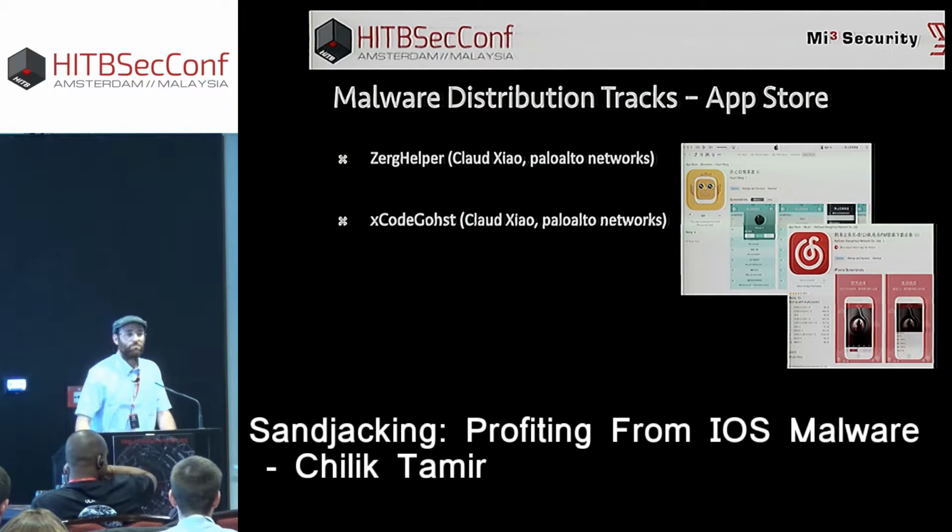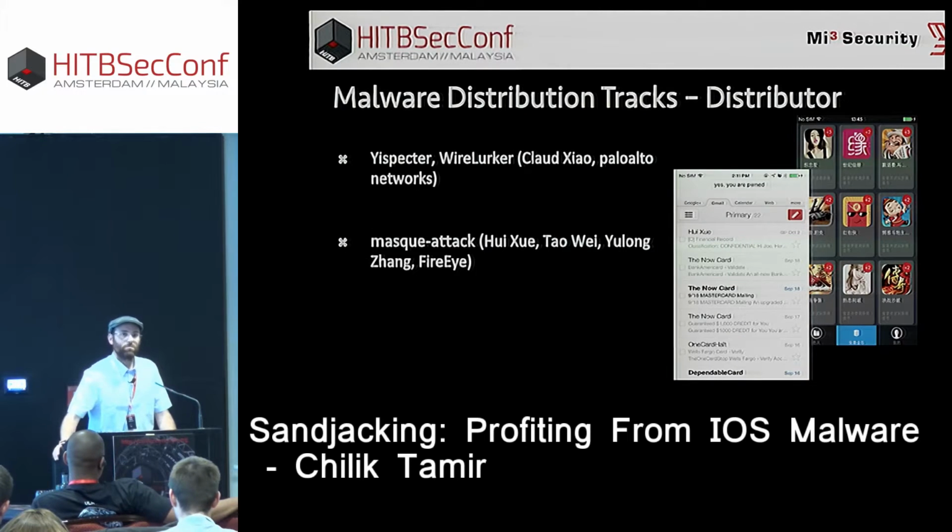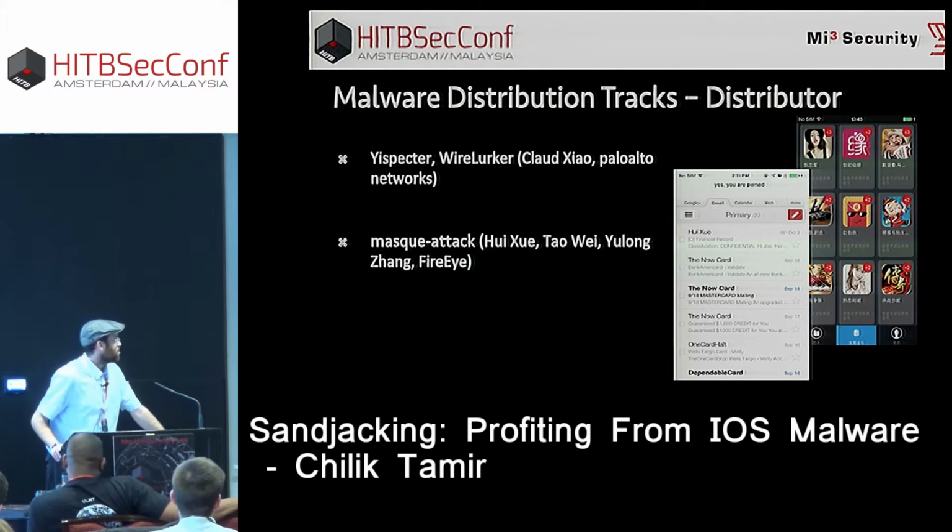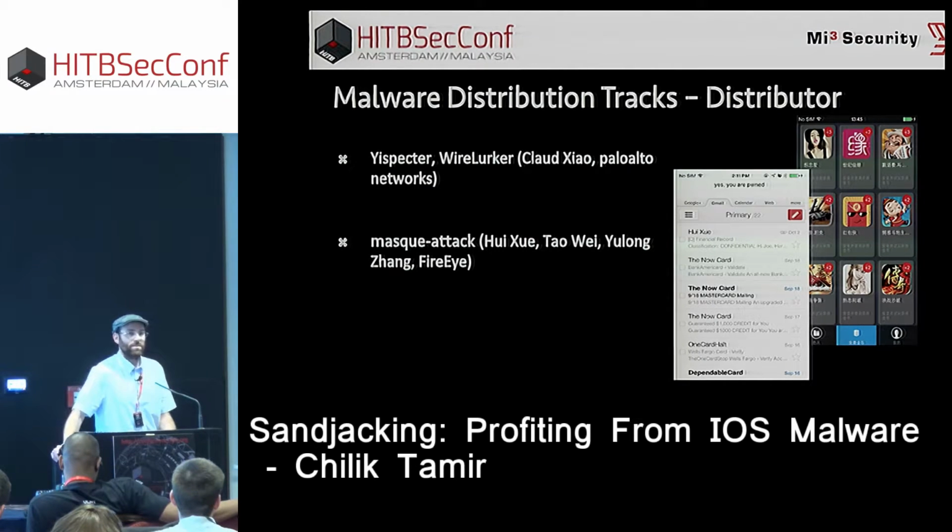Another example of malware on iOS is malware that came from distribution certificates, or all provisioning or device certificates that get abused, such as the Masque attack or eSpectre. That means that I can create a malware and sign it with this certificate, and I can send a link to anybody to install it.